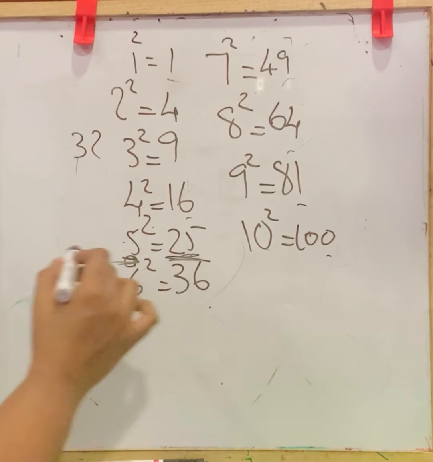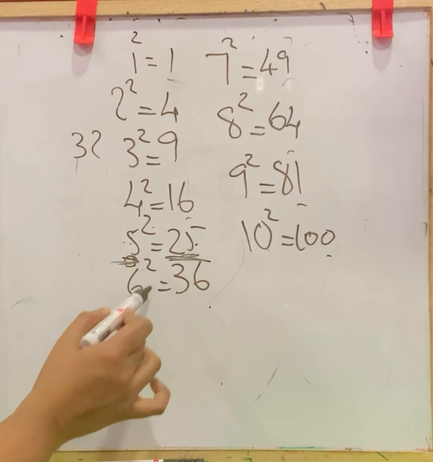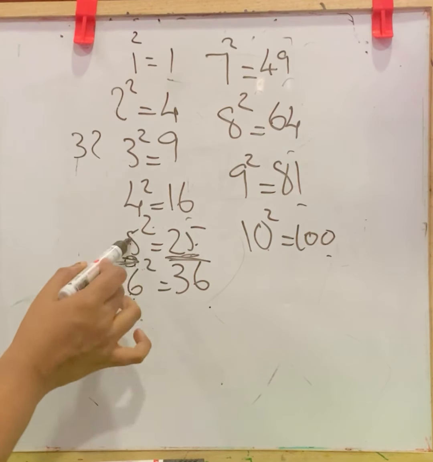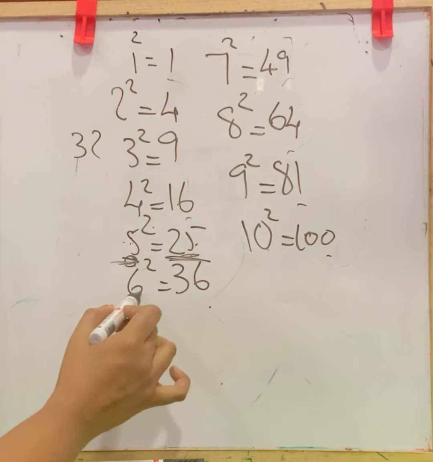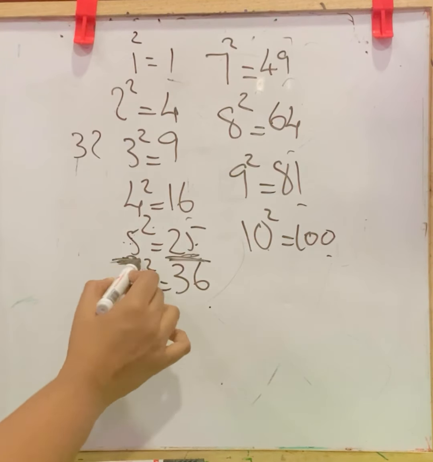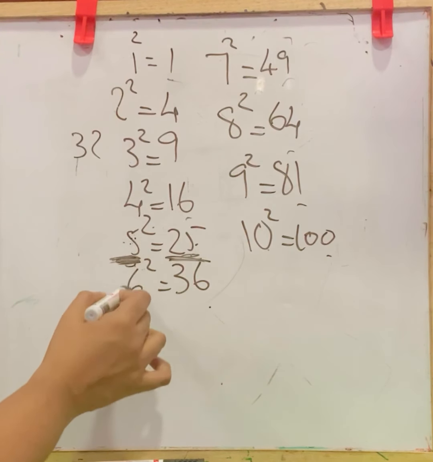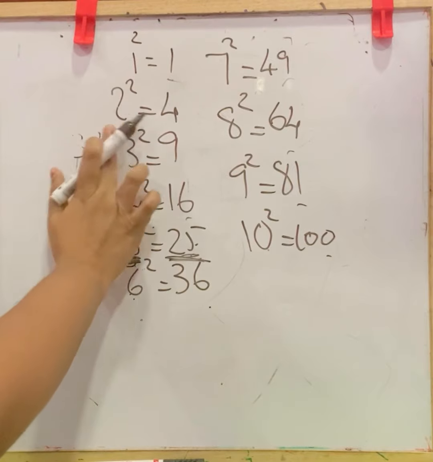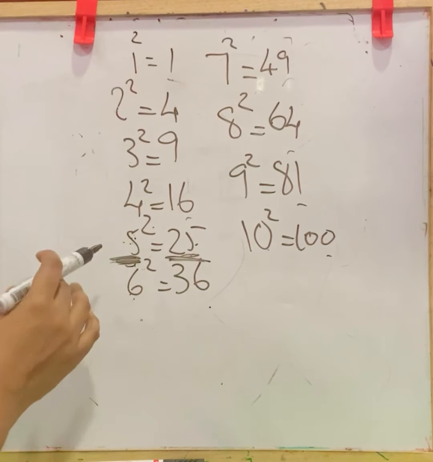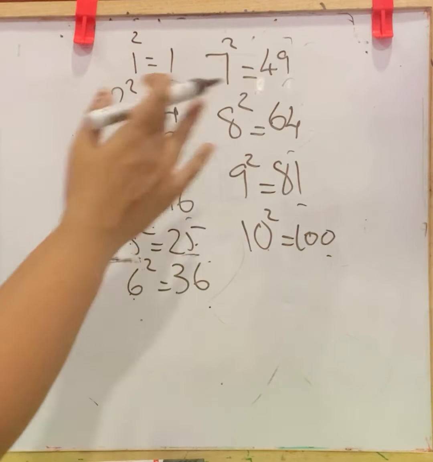So 32 will not be a square number because 5 square is 25, and the consecutive number after 5 is 6, so 6 square is 36. In between, 32 has no chance to be a square number because there is no natural number between 5 and 6.